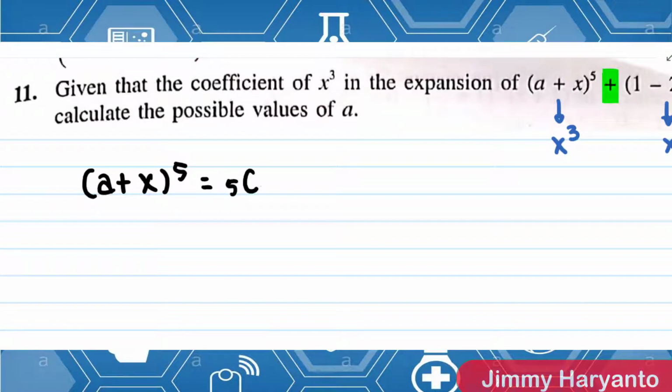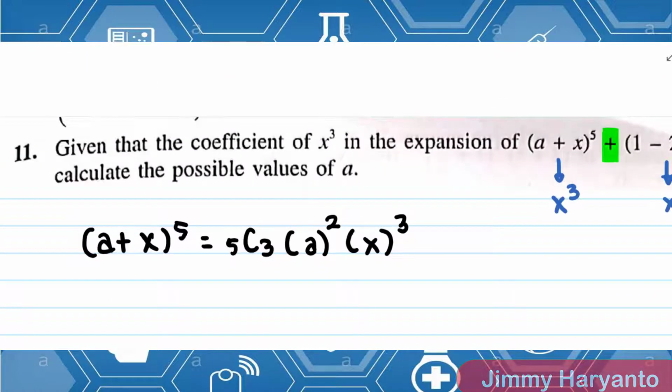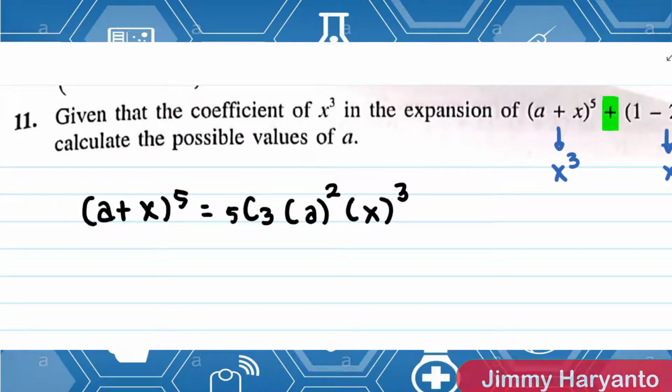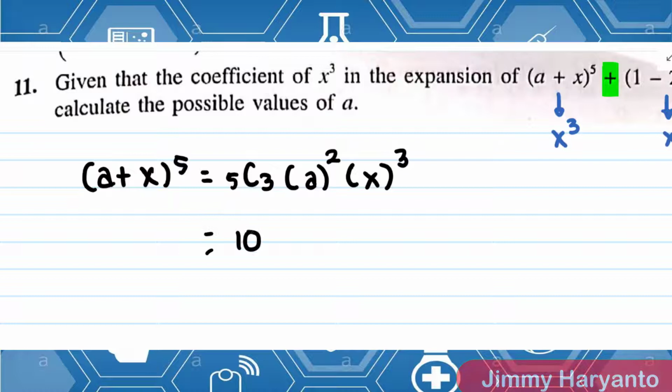It will be 5c3 times a to the power of something, and then times x to the power of 3, of course. So this one will be a squared. After that, calculate 5c3, which is 10. So it equals 10a squared x cubed. Okay, this is the first one.